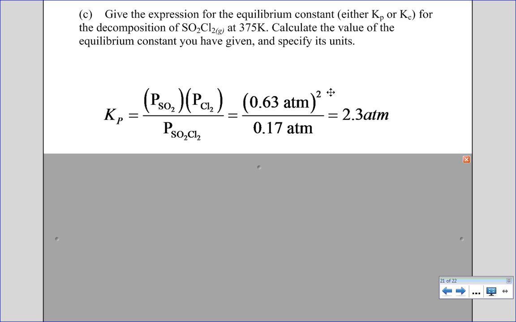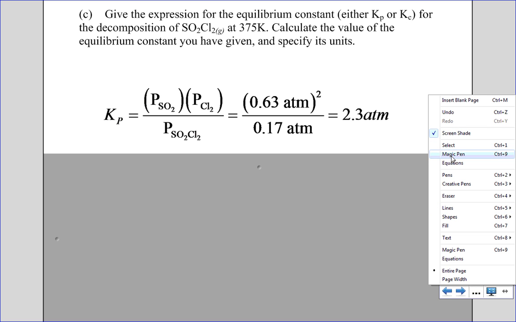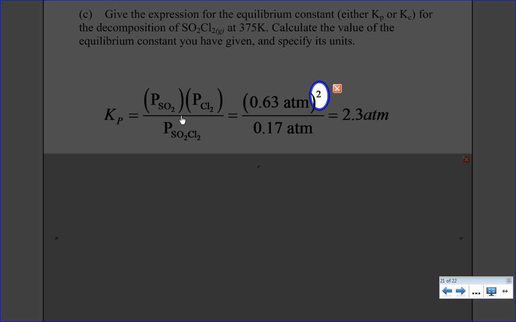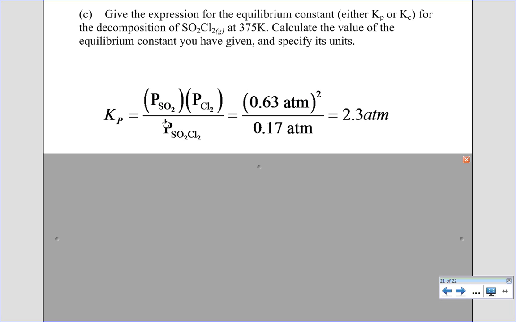So this squared term over here is not due to the coefficient. It is because the partial pressure of sulfur dioxide and the partial pressure of chlorine gas are the same. So I end up with 2.3.